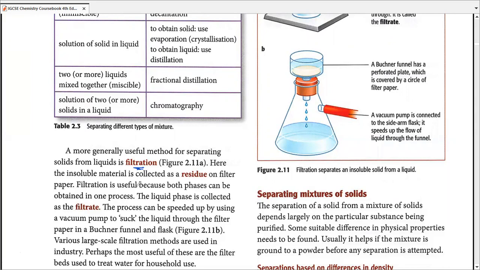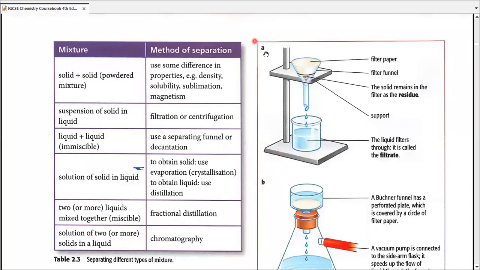But that doesn't mean there is no downside to this process. So what's the downside? Let me tell you, one of the only downsides of this process is that it's slow. So in order to speed it up, what do we do? We use a Buchner funnel. All right? Okay, sir. Good, good.